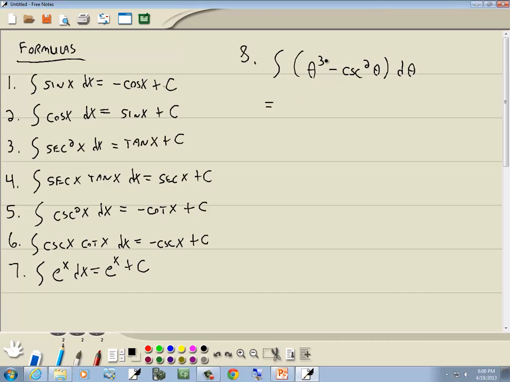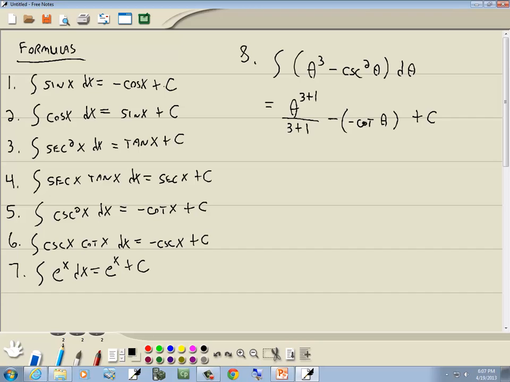Remember when we had x to a power, we added 1 to our power divided by our new power? Well, theta to a power is the same way. We'll add 1 to our power, so we got 3 plus 1, and we'll divide by our new power. Minus the integral of cosecant squared is right here. The integral of that is negative cotangent x. So we're going to have negative cotangent theta. And then I'll put my plus c on at the end.